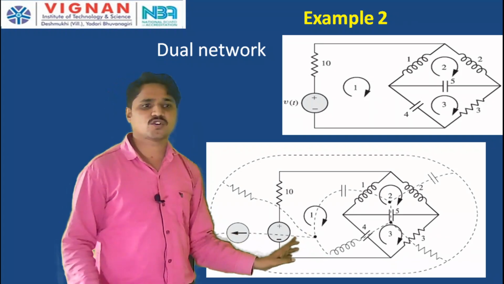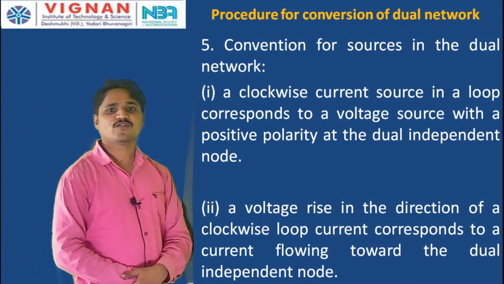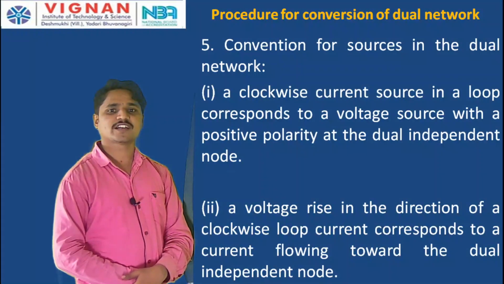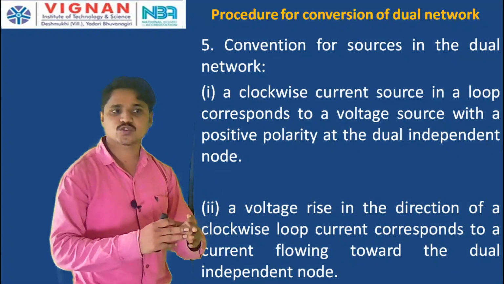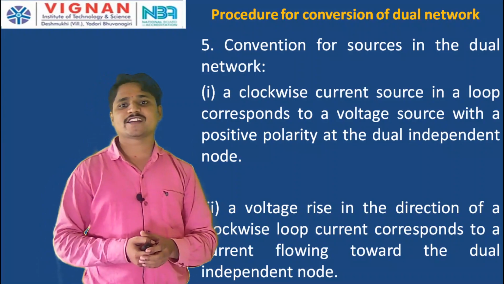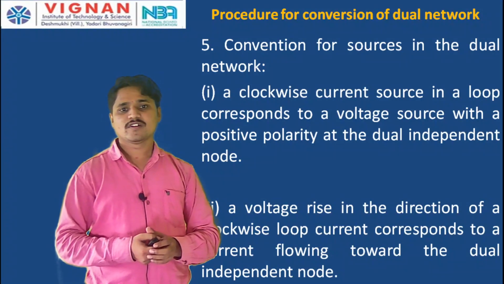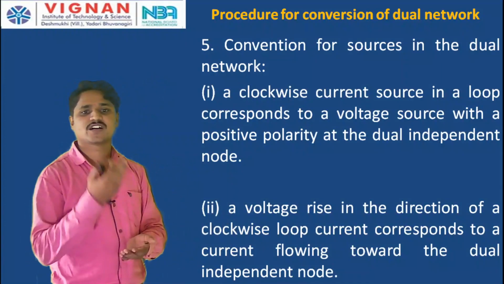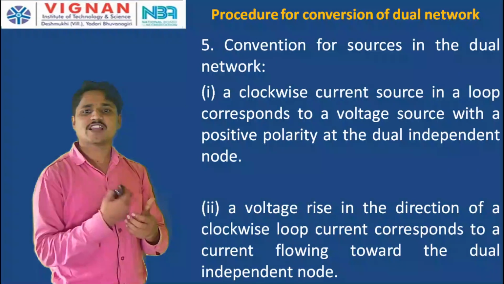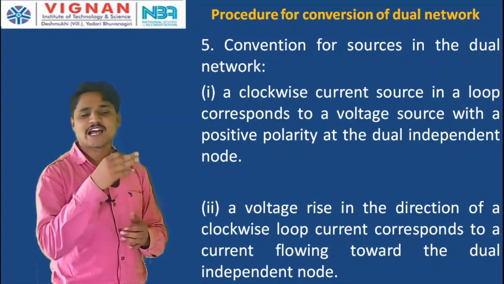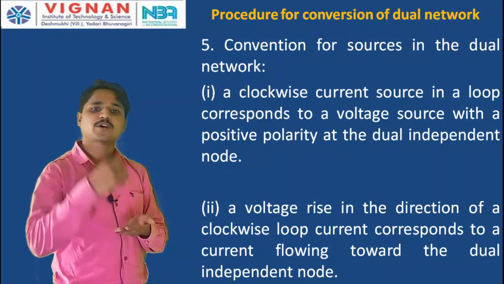Now, voltage source is there. See the fifth point: conversion of source in the dual network. A clockwise current source in a loop corresponds to a voltage source with positive polarity at the dual independent node. If it is a voltage rise in the clockwise direction, if it is a current source, you have to draw the voltage source with positive polarity.